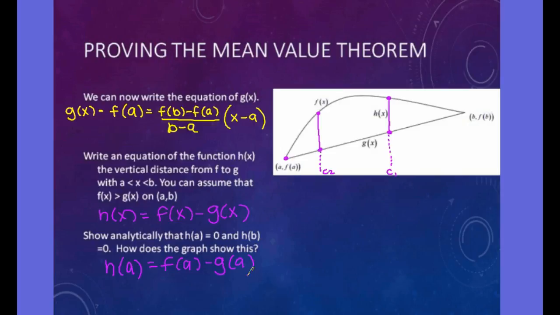So you could back substitute one for the other and get f of a minus f of a, or g of a minus g of a, or ultimately just say 0. And the same would be true for h of b, because it'd be f of b minus g of b, which is also going to be 0. And the graph shows that, because they're meeting at those endpoints.